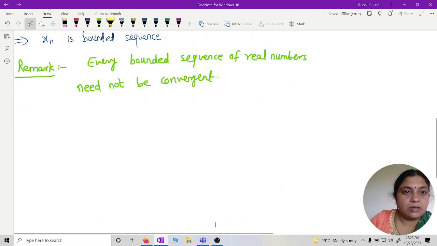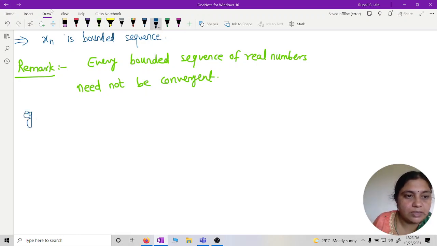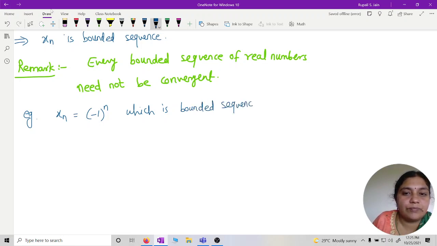Can you give an example of a bounded sequence which is not convergent? For example, xn equals minus 1 raised to n, which is clearly a bounded sequence, but it is not convergent.